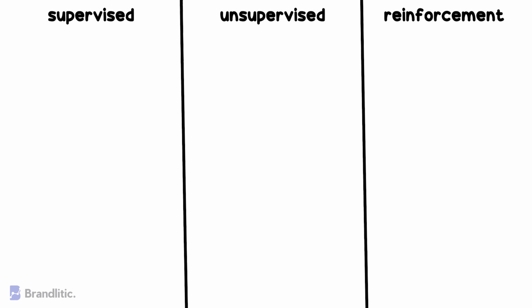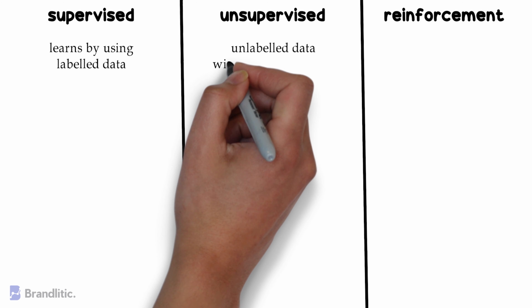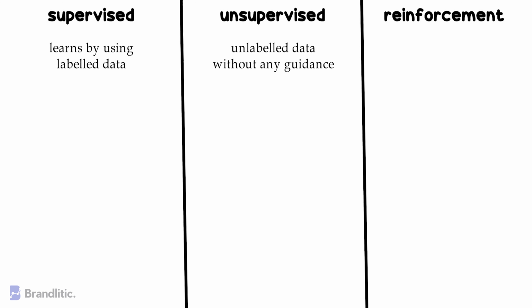Up next, let's discuss the difference between supervised versus unsupervised learning versus reinforcement learning. Starting with number 1, supervised ML learns by using labeled data, whereas unsupervised learning is where we train using unlabeled data without any guidance. Whereas reinforcement ML works on interacting with the environment to learn.